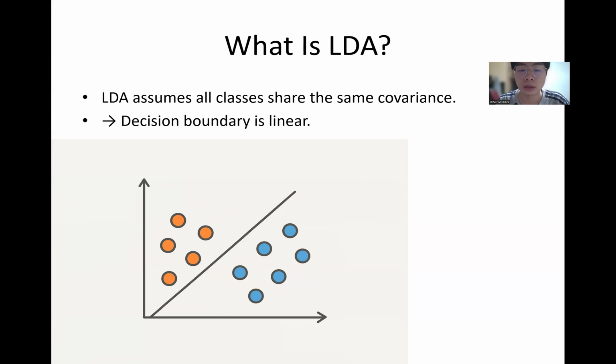In 2D, that's a straight line. In higher dimensions, that's a plane. Because of this, LDA is simple, fast, and stable. It works well when the data is roughly linear and we don't have a huge amount of samples, and then we will use LDA.